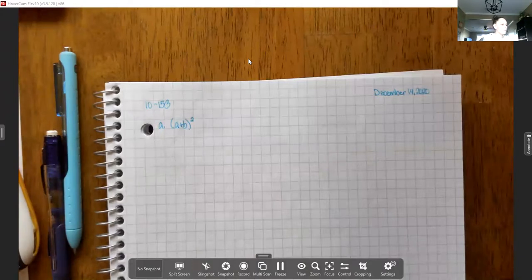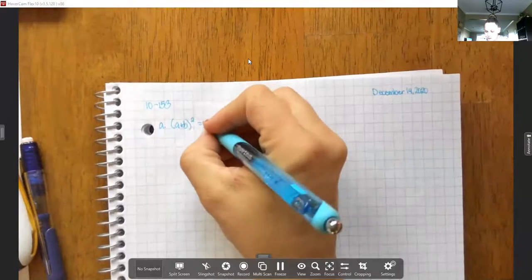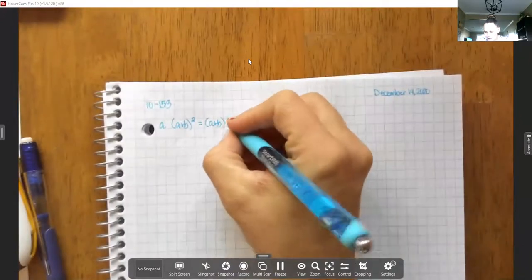Okay, so on 10-153, it's going to look like we're shifting gears, but this builds off what we were doing. Our goal is to be able to rewrite a plus b to the power of n. We're going to start with a plus b squared, which we know is a plus b times a plus b.